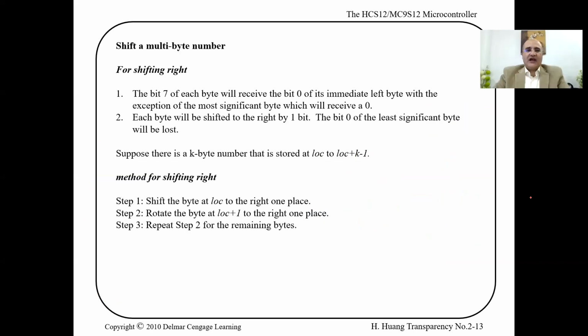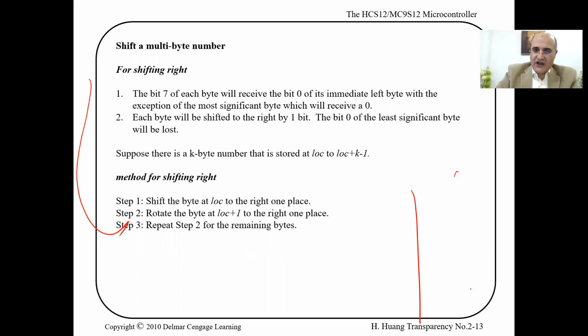Shifting multi-byte numbers. We saw that you can shift an 8-bit number or a 16-bit number. What about a 32-bit number? Something to think about. Look at it here. When you shift it the first time, the most significant bit, and if you want to shift left a 32-bit number, shift the lower byte.